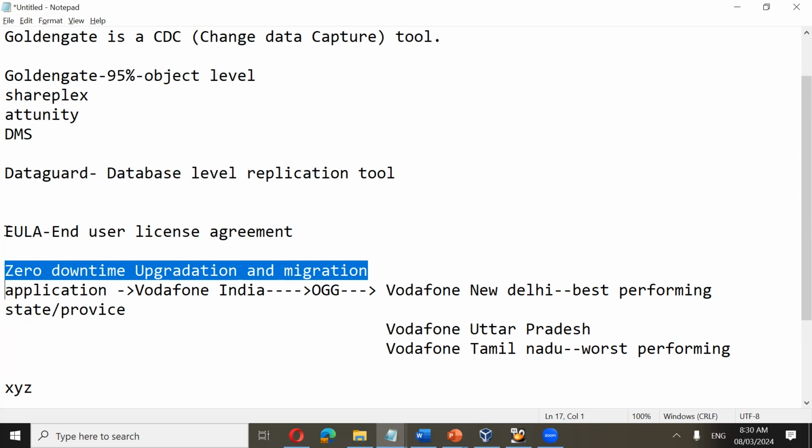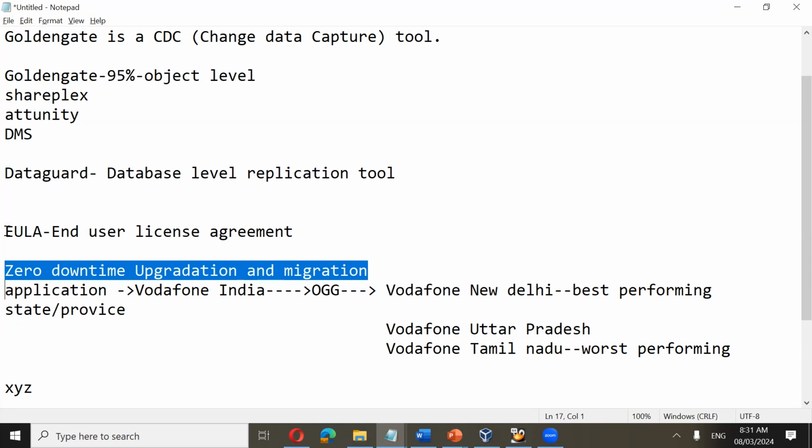They were not doing migration; they were just doing the upgradation. During the upgradation, a few issues were encountered, and instead of 1 hour it took 10 hours to complete.